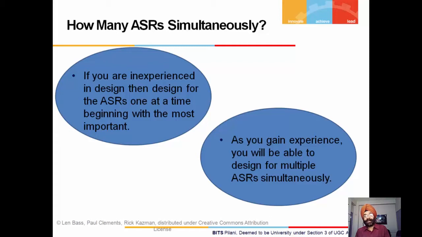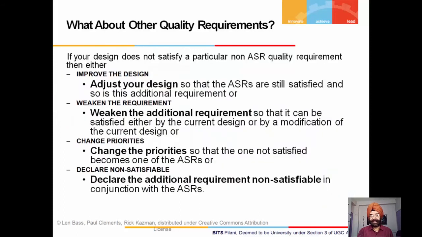If some ASRs at the lower end are left out, these could be candidates for negotiation, but only after you have satisfied ASRs at the higher level. More experienced designers with vast exposure to similar systems might look at a list of ASRs and straight away think of designs which will satisfy a good number of ASRs in one go. So depending on who you are, there's no hard and fast rule. If you are not experienced, you work one at a time. But if you can satisfy all ASRs with a single design, so be it.